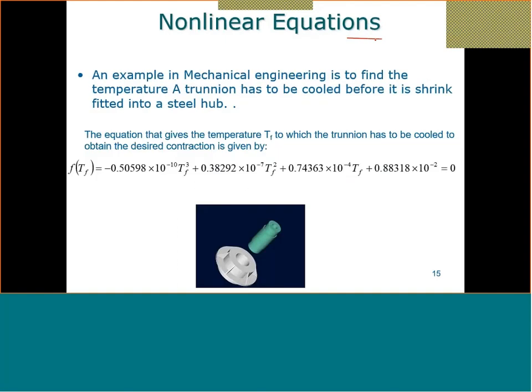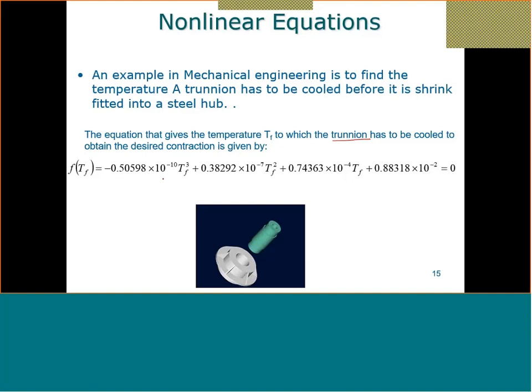This is a very general example from mechanical engineering. We have a trunnion that I want to fit here, but usually the size of this one is bigger than this, so it cannot be fit. So what we need to do, first we cool it down to a certain temperature so that the diameter will be able to enter, and then we leave it to warm up so that it will not go out again. The equation for this that we need to solve is this.